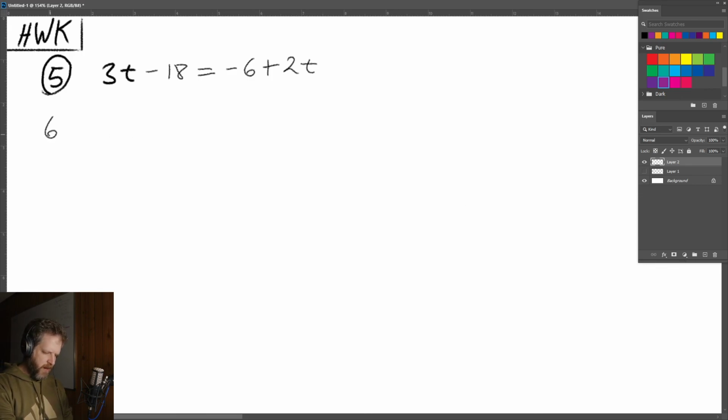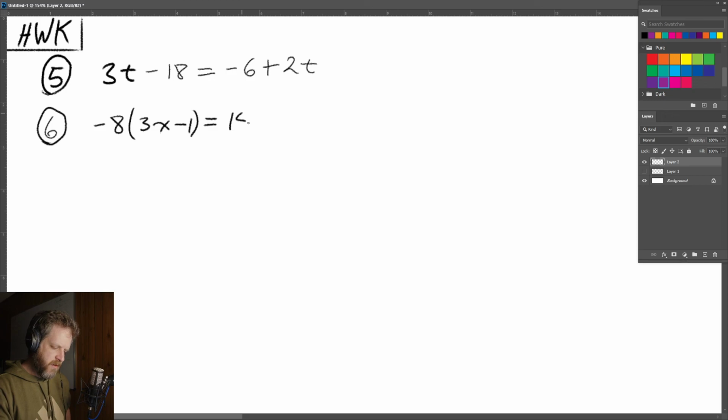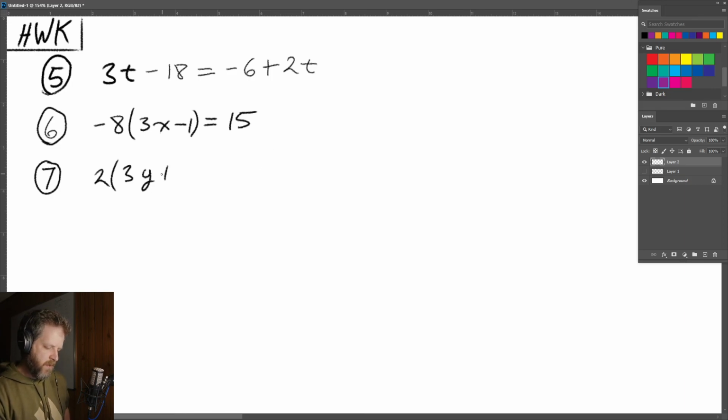Number 6 homework problem is negative 8 times the quantity 3x minus 1 equals 15. Seven is 2 times the quantity 3y plus 1 equals 2y minus 15.